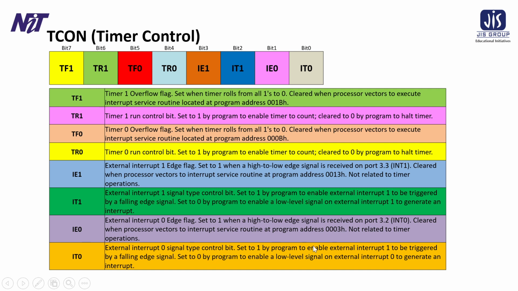Set to 1 when the program enables external interrupt 0 to be triggered by the falling edge of the signal. It is not going for the leading edge, it is going for the falling edge. Set to 0 by the program to enable a low level signal on external interrupt 0 to generate an interrupt. So these are the descriptions of each and every bit of the TCON register.